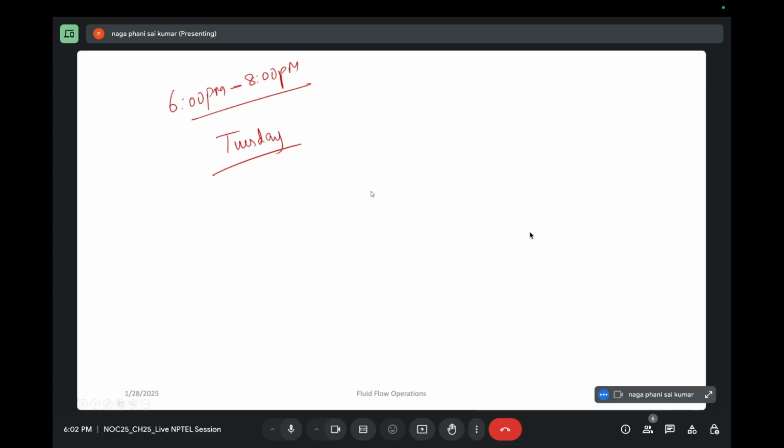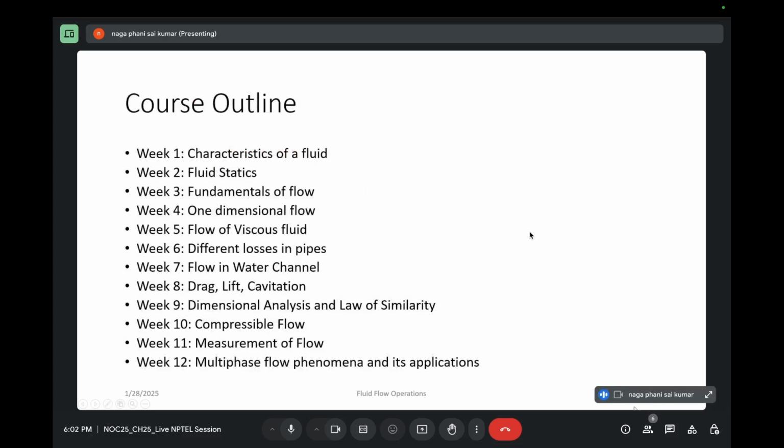So this is going to be the course outline. We'll be following this. First, we'll be going through characteristics of a fluid, followed by fluid statics. Then we'll understand fundamentals of flow, one-dimensional flow, flow of viscous fluids, and then we'll also discuss different losses in pipes, and flow in water channels, drag, lift, cavitation, dimensional analysis and law of similarity, compressible flow, measurement of flow, and also multiphase flow phenomena and its applications.